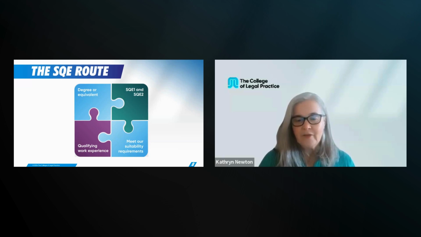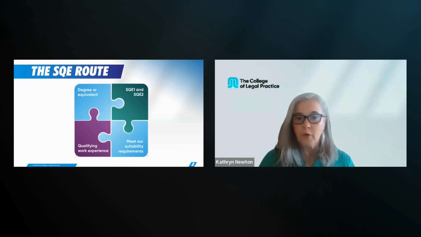So it's necessary for everyone to have a degree or the equivalent of a degree. Pretty much that means having a degree. You then have to pass SQE1 and SQE2, and those are national exams so that everybody sits the same exams through the Kaplan, who are appointed by the SRA.